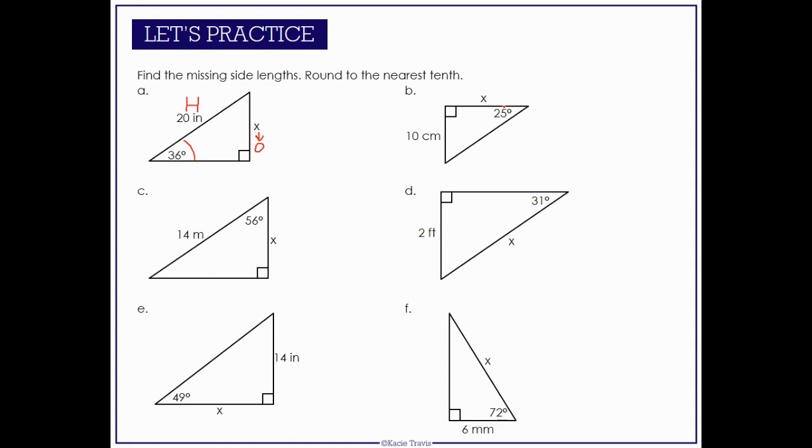Okay, now let's get to B. We're going to label the stuff over here. You see that we have the side that's touching our reference angle. That is our adjacent. I'm just going to write A. Then the side that's not touching it, 10, that's going to be our opposite side. Over on C, we got our angle here. One of our sides is touching it, and it's not the hypotenuse.